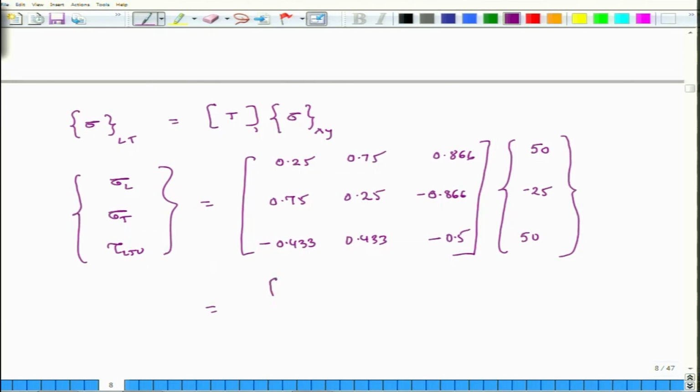So, you compute these and these things come out to be 37.1, minus 12.1 and minus 57.5 MPa.